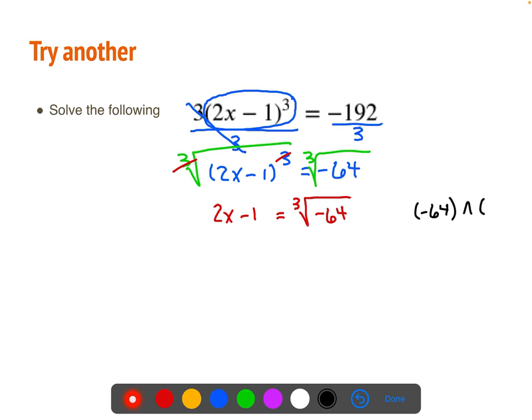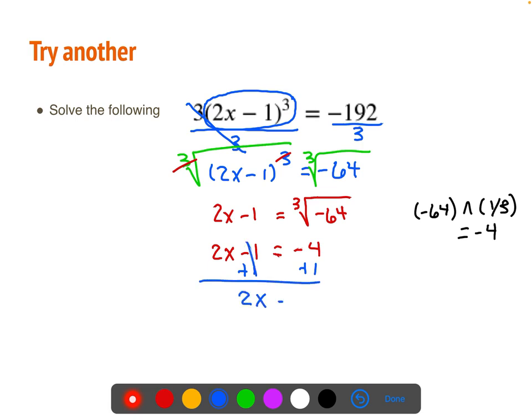So I get 2x minus 1 equals the cube root of negative 64. Then I go over to my friend the calculator and I put in negative 64 to the 1/3. And it'll tell me that it's negative 4. So 2x minus 1 is equal to negative 4. And then I do need to solve for x.